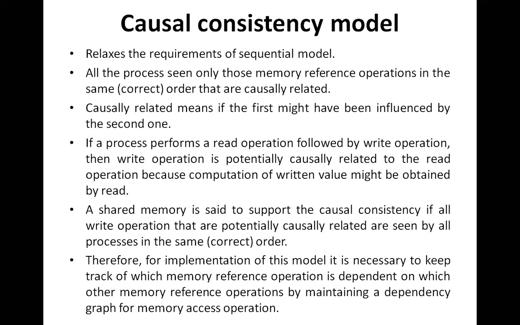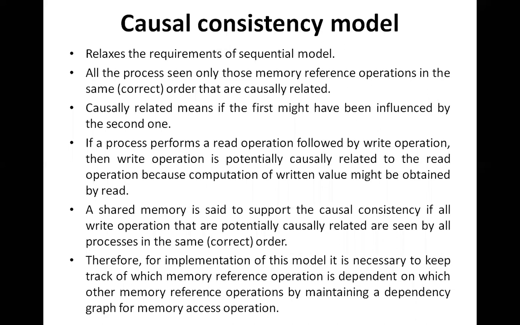Now, the distributed shared memory system which supports the causal consistency model is required to keep track of each memory reference operation, because it depends on which other memory reference operations are being performed.